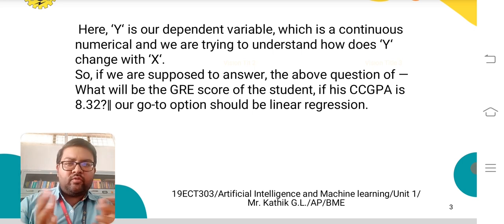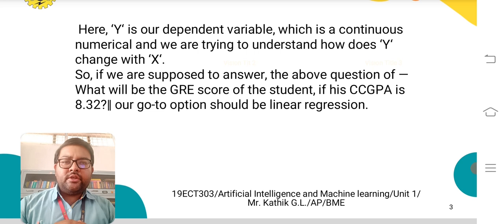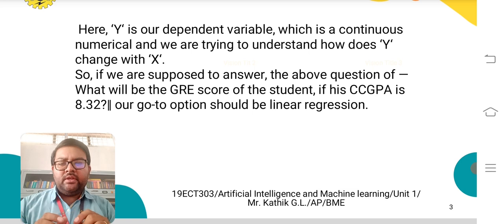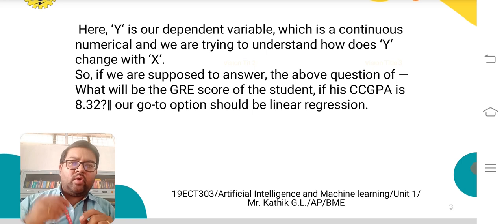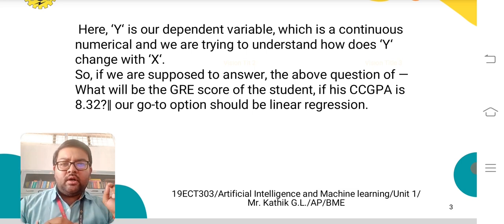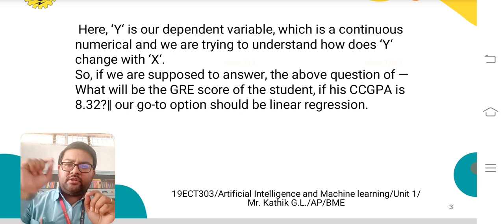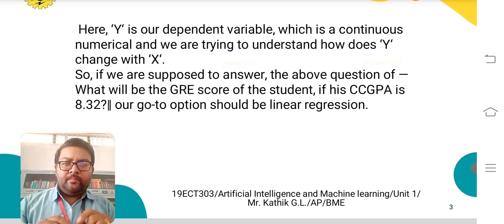Our go-to option will of course be linear regression, because the relationship between the CGPA and GRE score will be linear. So the x-axis will be CGPA and the y-axis the GRE score. At 8.32 on the x-axis, we can see on the y-axis what the value is, that is the GRE score.